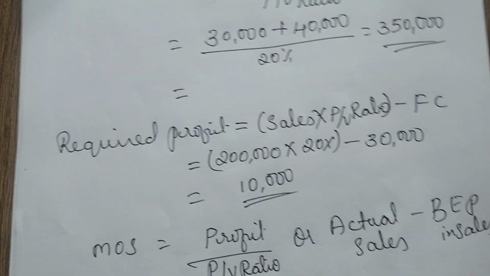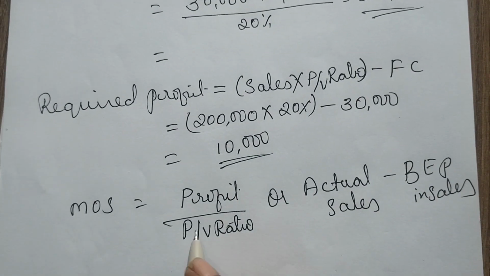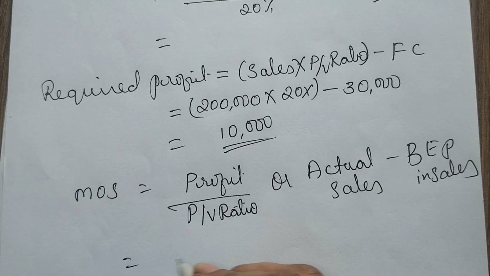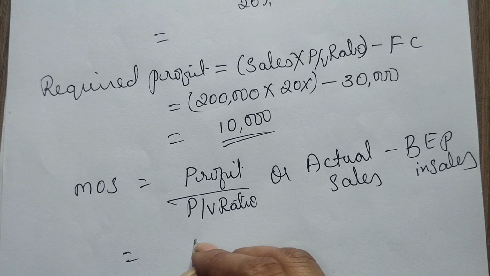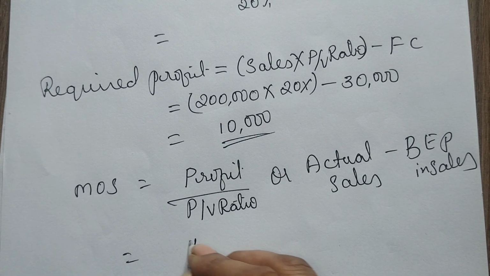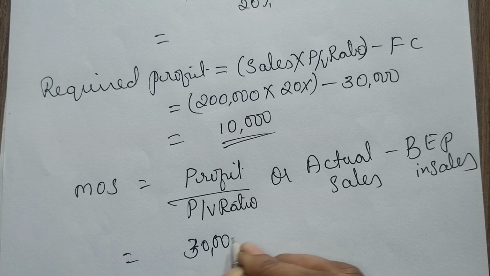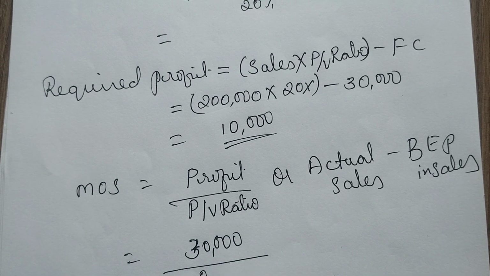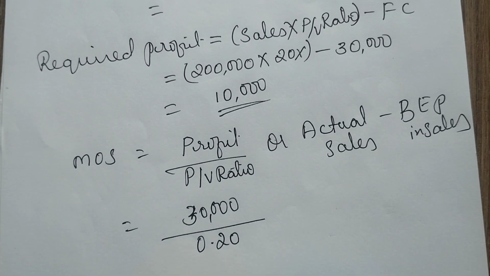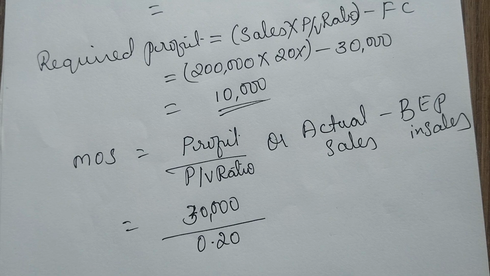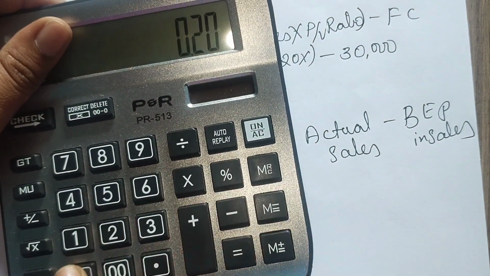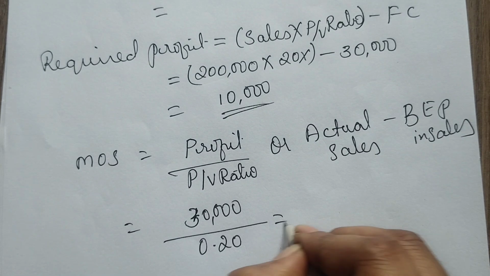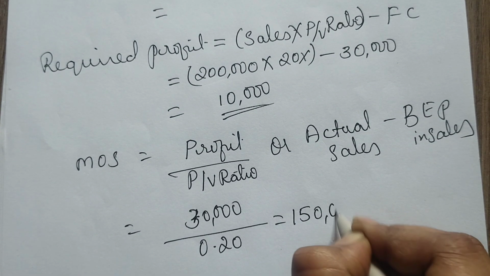This is the other formula. Here profit is given. So what is the profit? Profit is 30,000. PV ratio is 20%. Margin of safety is 30,000 divided by 20%, which is 1,50,000.